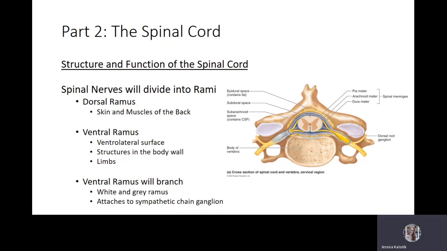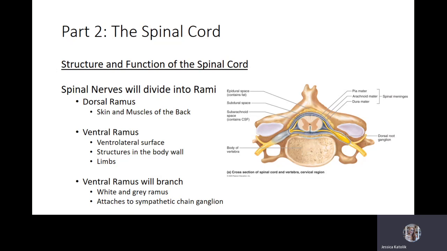The ventral ramus will actually branch into the white and gray rami. We're not going to go into too much detail on this, but they will attach to the sympathetic chain ganglion, and there will be some rearrangement of the neurons, so they can either go to muscles and be somatic, or they can go into the ventral cavity and be visceral neurons, so there will be some reorganization.